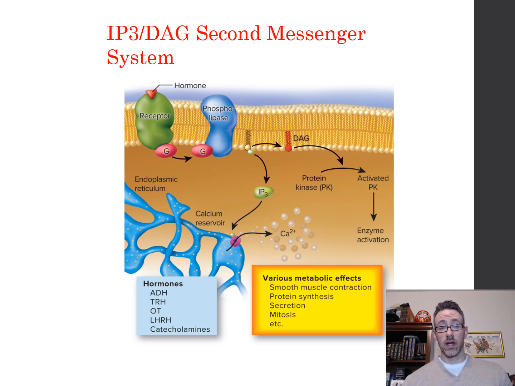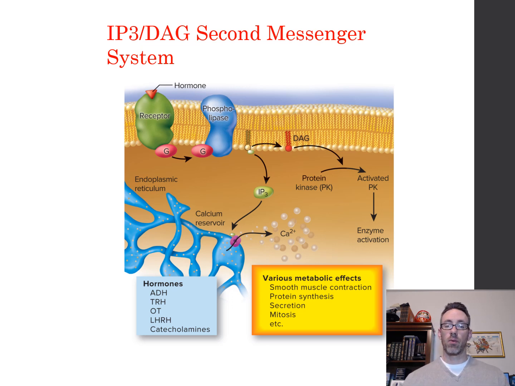So this is also a second messenger system, but this one's looking at the IP3 DAG second messenger system. And so hormones that might interact with receptors that initiate this second messenger system are ones like antidiuretic hormone, for example, or thyrotropin releasing hormone.